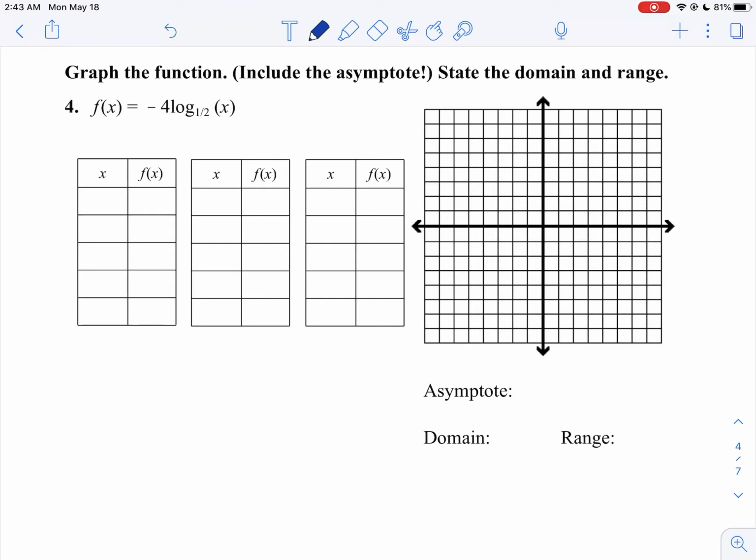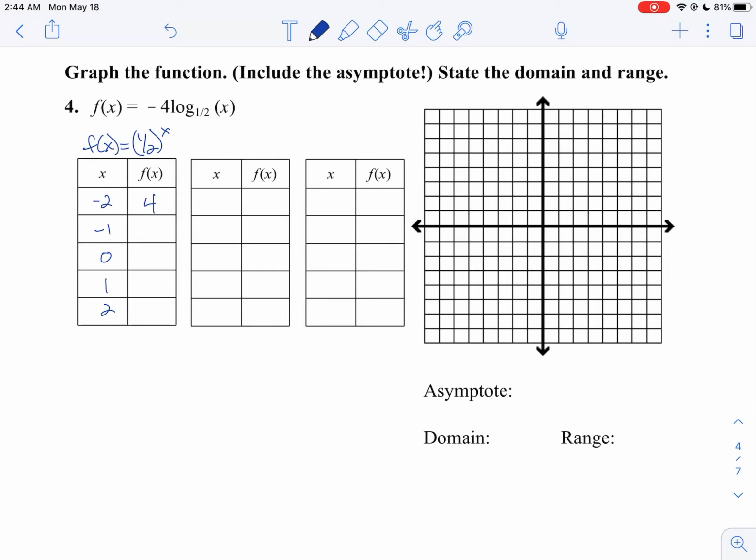So if our f of x was 1/2 to the x power, and we used our x's of -2, -1, 0, 1, 2, then 1/2 to the -2nd power would make what? The negative makes a reciprocal, so the reciprocal of 1/2 would be 2, and then 2 squared would make 4.